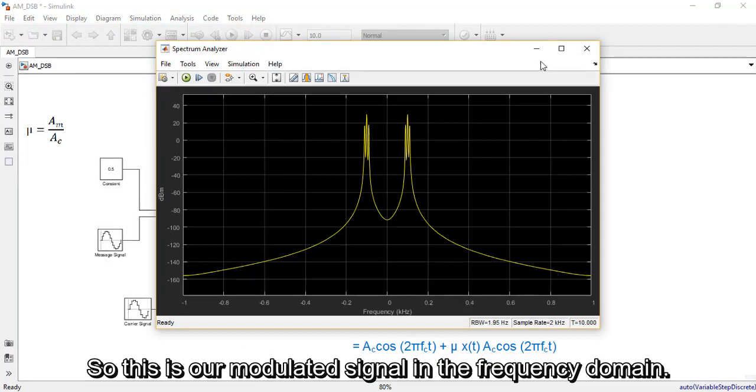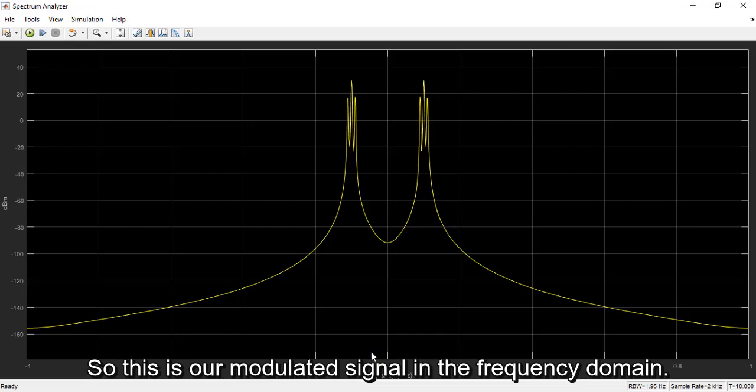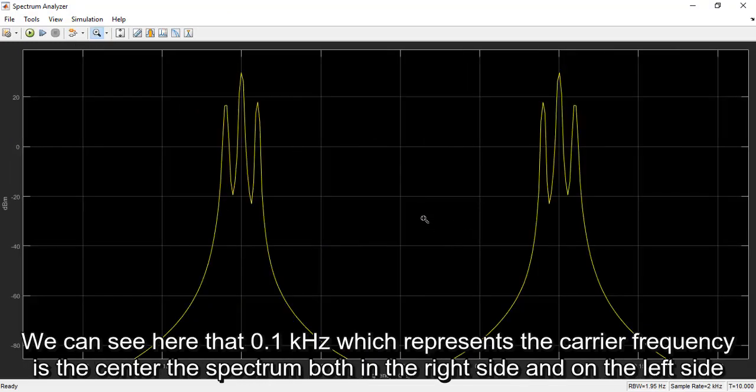So this is our modulated signal in the frequency domain. We can see here that 0.1 kilohertz, which represents the carrier frequency, is the center of the spectrum, both in the right side and on the left side.